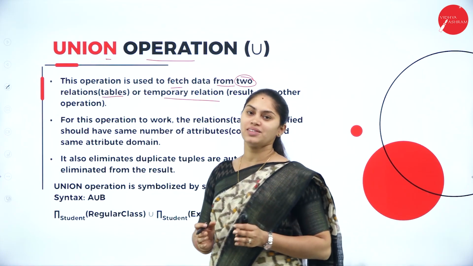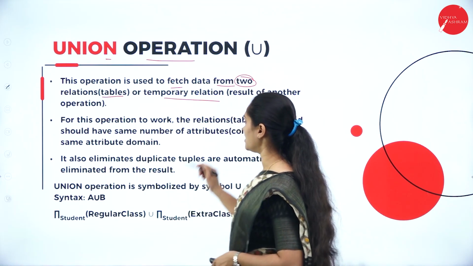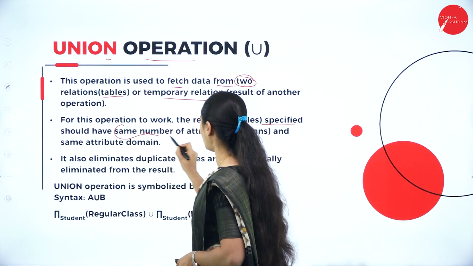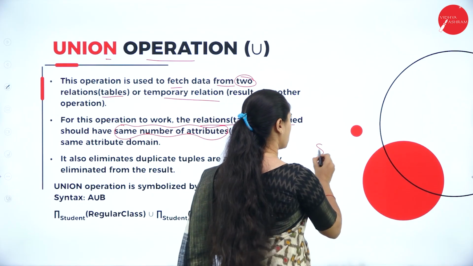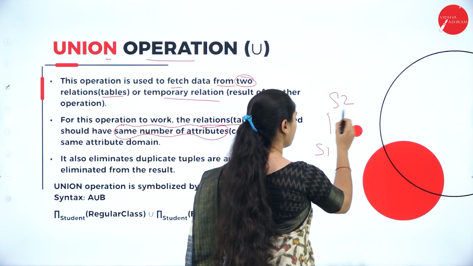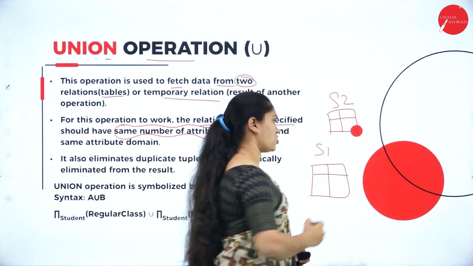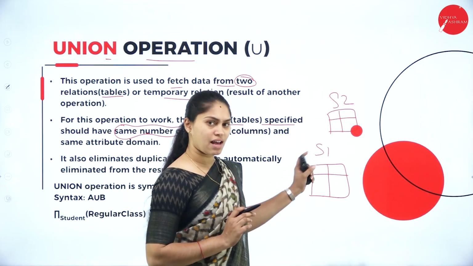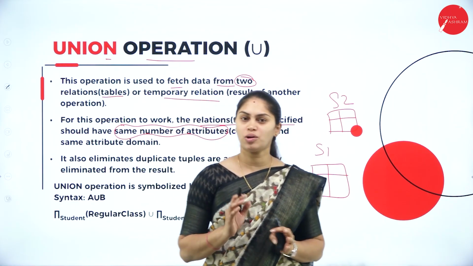In order to work with this union operation, we have to follow certain conditions. What are they? The relations or tables specified should have the same number of attributes. For example, if I am taking S1 and S2 as the 2 tables for this union operation, the number of columns should be the same. S1 is having 2 columns, then S2 must also have only 2 columns, not more than that.